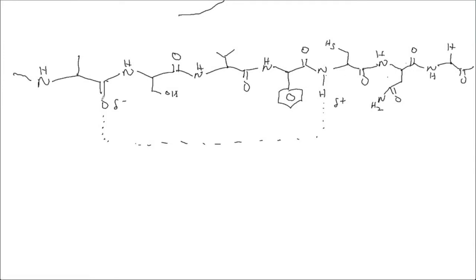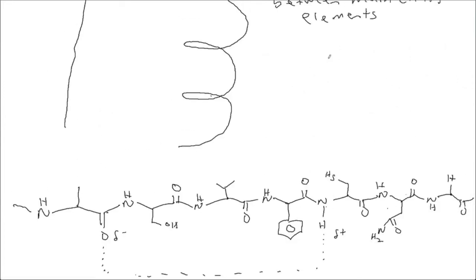Well, can you think of any way that these could form a hydrogen bond even though they're so far separate? And notice that this is 1, 2, 3, 4 amino acids away in the primary structure. How is it possible for a hydrogen bond to form between this oxygen and something that's 4 amino acids away in the primary structure? How could they be close enough? If the structure bends. That's right. What's one way it could bend? Well, it could coil like this.